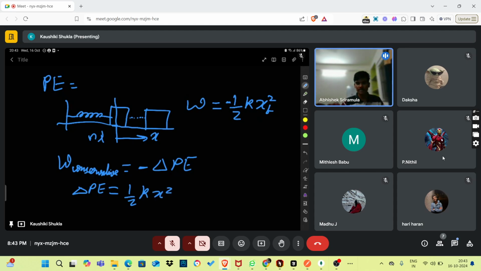So this is the potential energy of the spring. Whenever we solve questions with energy conservation, the initial energy of the spring is at natural length, and the final energy is half kx square because it has expanded by an x distance. So this is the potential energy stored in a spring, be it expansion or compression. This x can be expansion or compression depending on the situation.